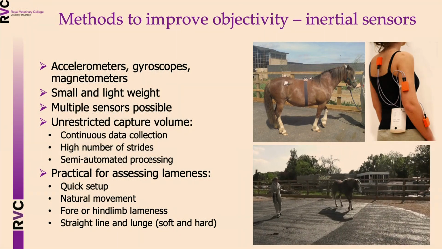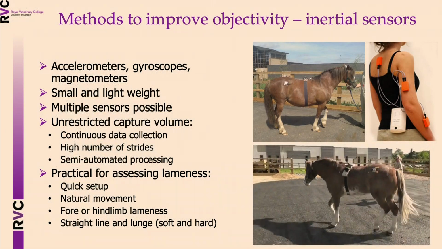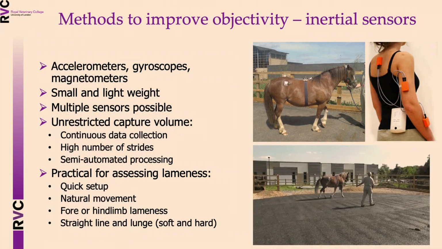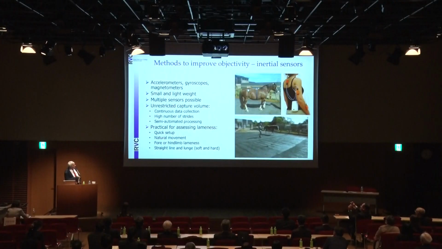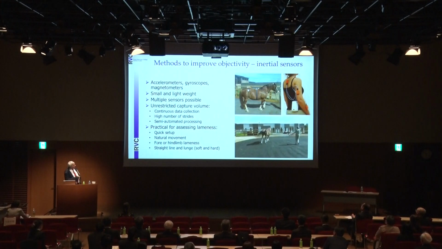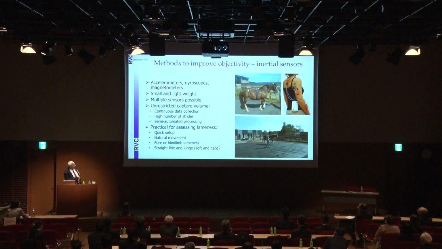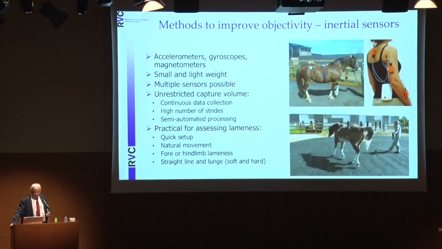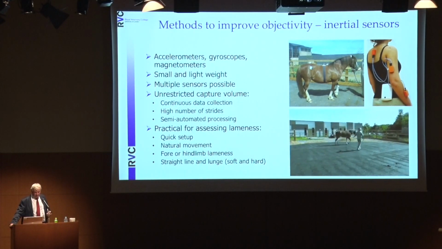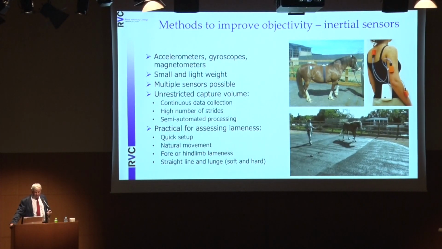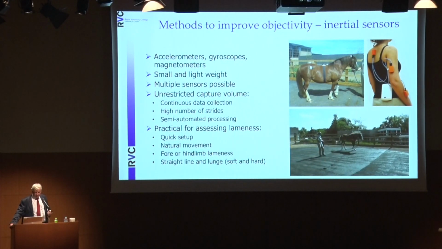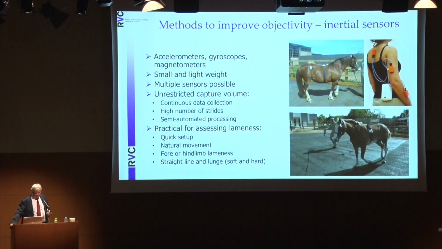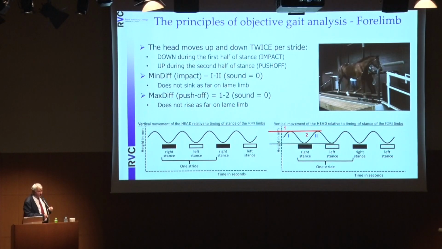It's very practical because there's quick setup, it assesses natural movement, and can be used for both fore and hind lameness, in a straight line as well as on the lunge, and on both hard and soft surfaces.